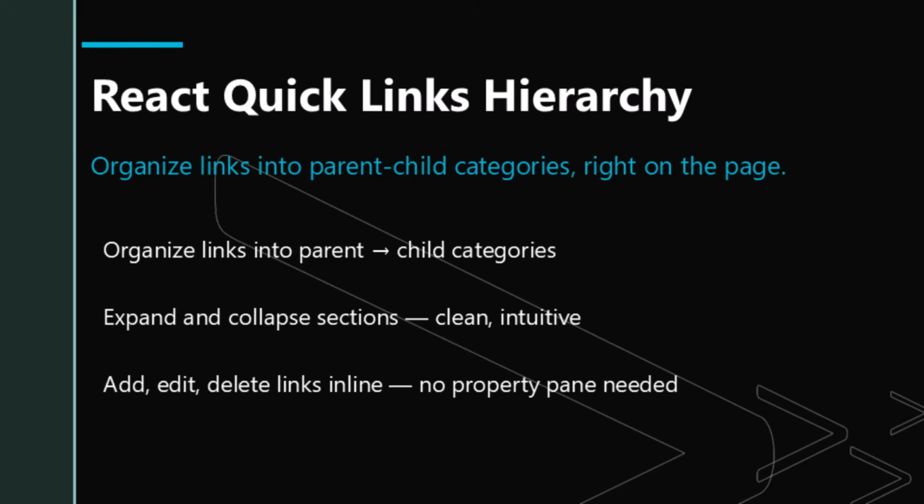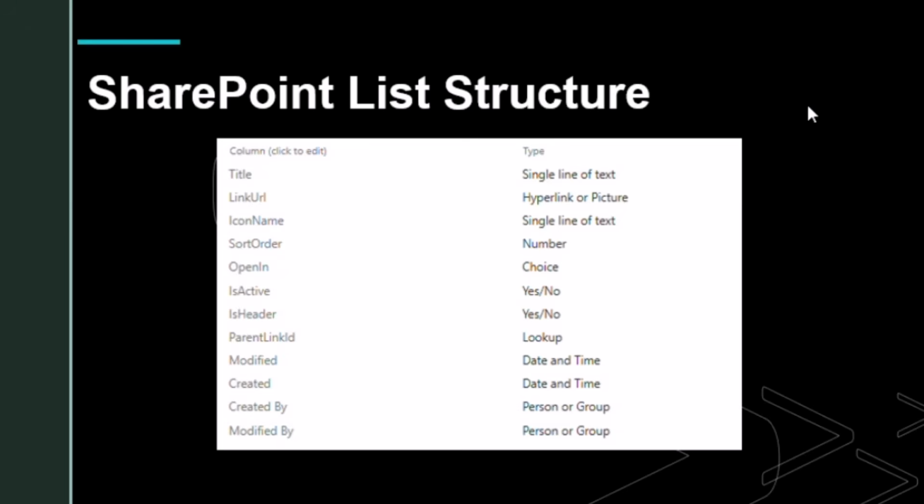Organizations can organize the links into parent and child categories. It has features like expand and collapse sections with a clean user interface. Apart from that, there are no-code operations. This is the basic list structure.